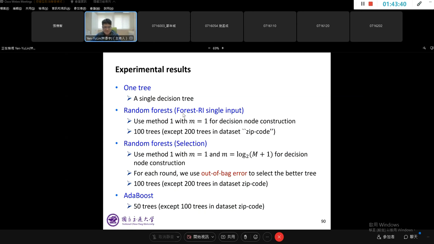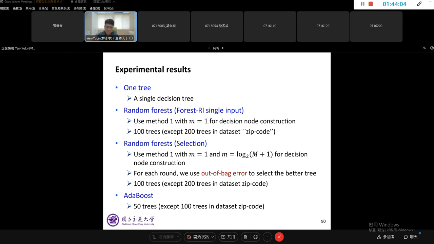The first variant is called forest I. It is a single input version. Let's look at the details. We also use method 1, and set the value of m to 1 for the decision node construction. This is an extreme case.